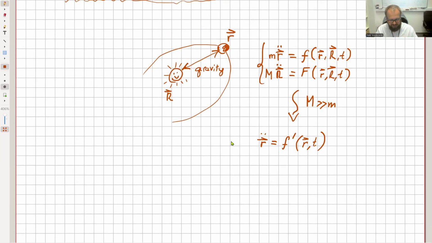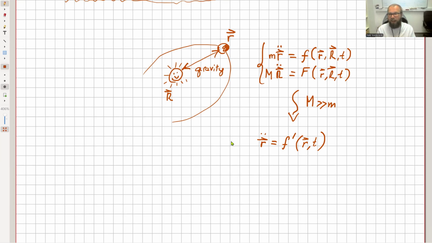In classical mechanics, this kind of trick, this change of perspective, this kind of approximation is very natural, and the formalism of classical mechanics is very compatible with it.